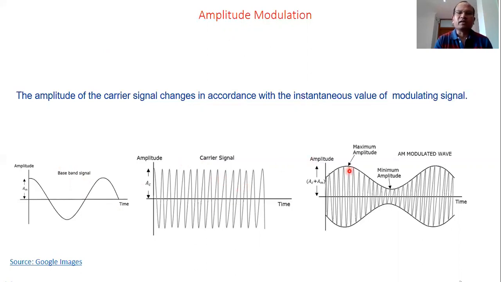The carrier amplitude will change. Frequency does not change. Frequency remains the same. Carrier amplitude changes, and it just follows the envelope of the message signal.